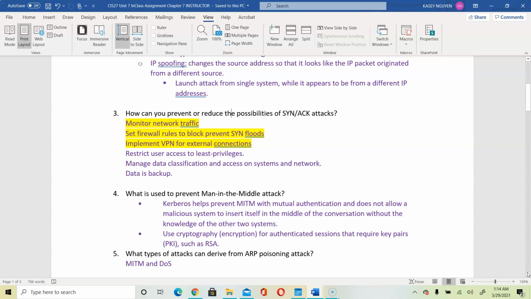We can also use encryption for authenticated sessions that require key pairs, such as RSA. RSA would sometimes be required if you use technology outside of Windows systems. If you don't have Kerberos for Windows, then you can implement key pairs or PKI such as RSA.